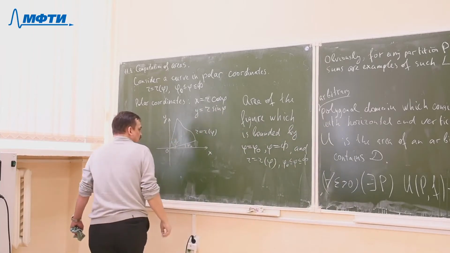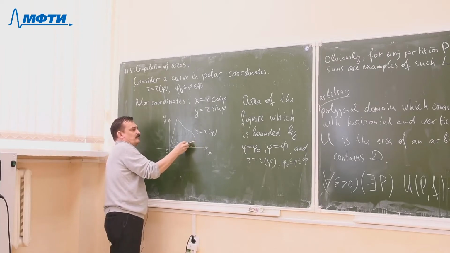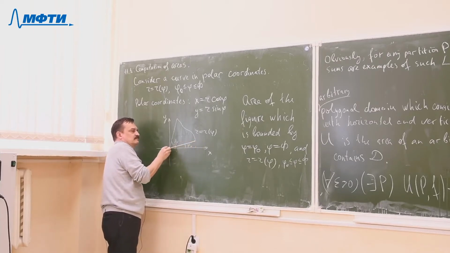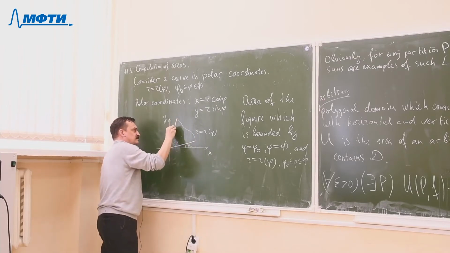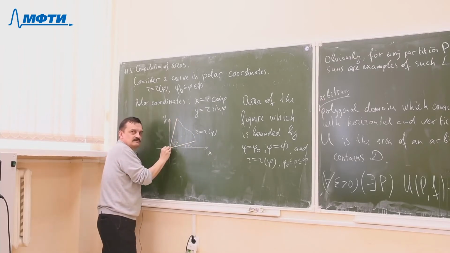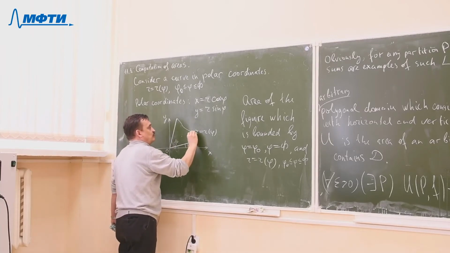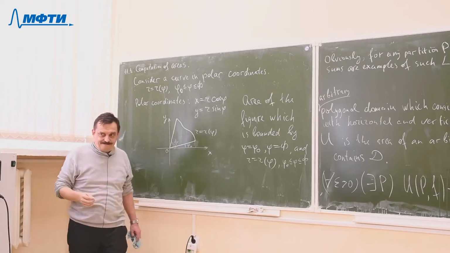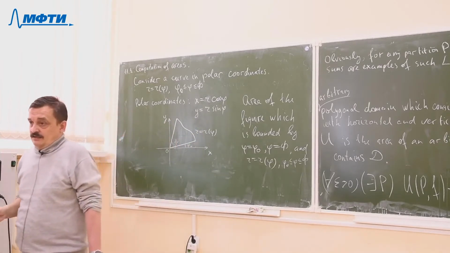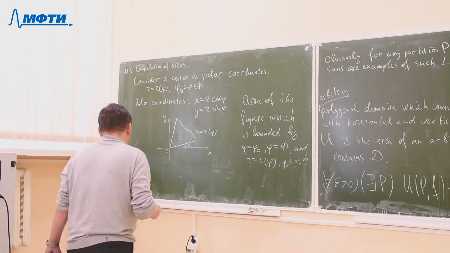So it means, look, phi equals phi naught is a ray, this ray. Phi equals capital Phi is another ray. And r equals r of phi is a curve, like that.